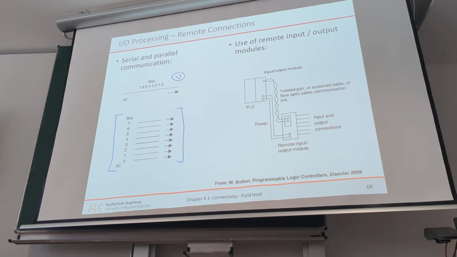Fiber optic cables were very popular around 2000 because we were not able to handle electromagnetic noise, especially when there were a lot of drives and other electromagnets. By now, we are back to twisted pair with shields.